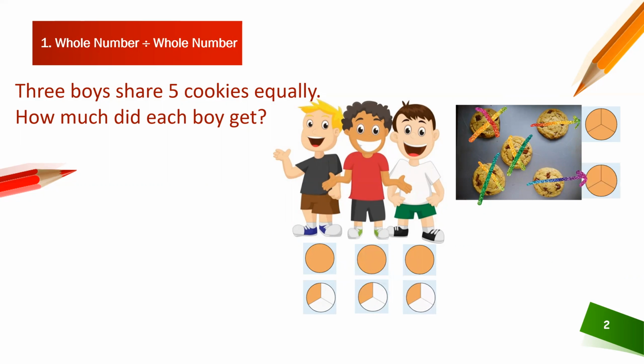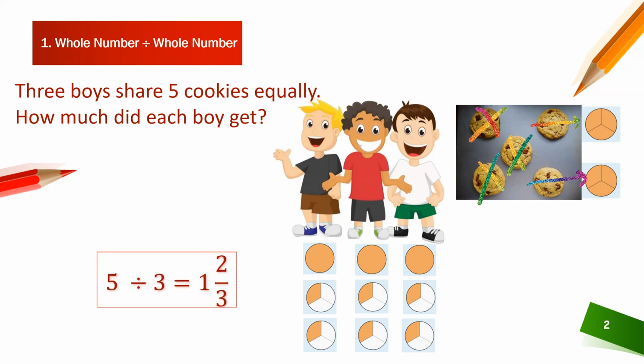Then do the same for the second cookie that is left. Each one will also get a third. So visually, we can see that each kid will get 1 2/3 of a cookie. So this means 5 divided by 3 is 1 2/3.